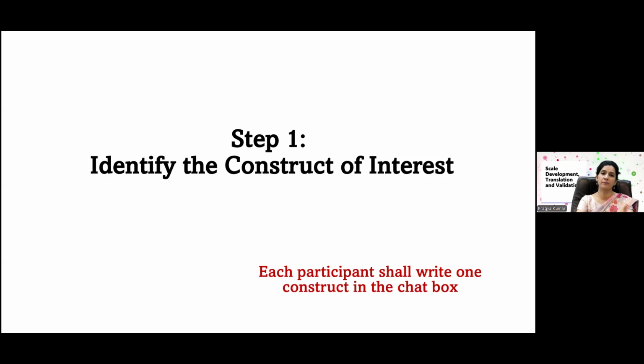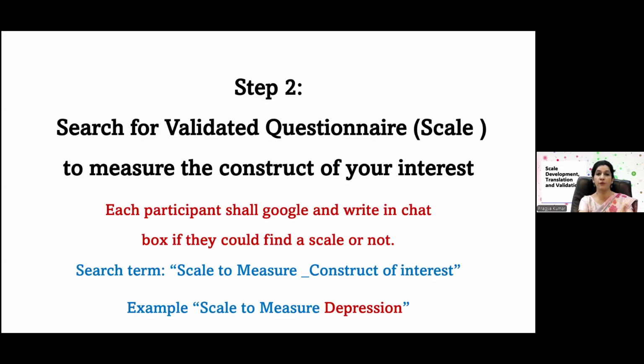So now the next step is to search for a validated scale. All of you who have written the construct, please open Google and type the construct of your interest. Type scale to measure, for example bullying, and see if something comes out or not. Dr. Shruti has written attitude; maybe you can write attitude towards something. For burnout, maybe you can search general burnout also.